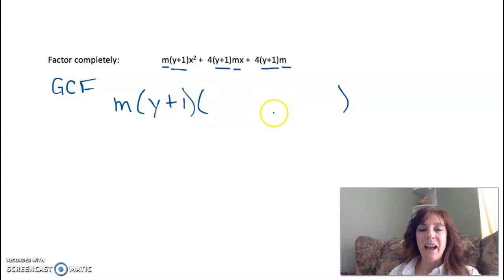Now I write down the other factor. The first term divided by m times y plus 1 leaves me x squared. The second term divided by all of that leaves me 4 and x. And the third term divided by this greatest common factor leaves me a 4, and that's all.